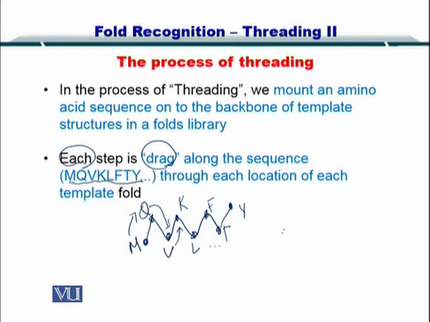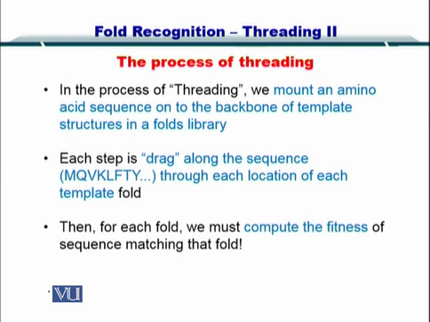So you will end up with M, Q, V, K, L, and so on. So M has moved from the first position in the fold to the second position. We keep shifting the sequence until we find the best match for the sequence in the fold.